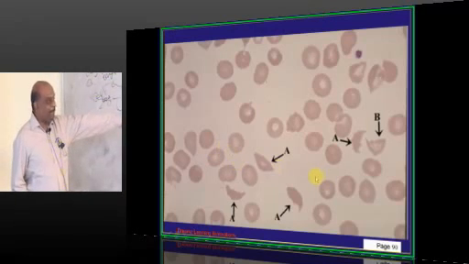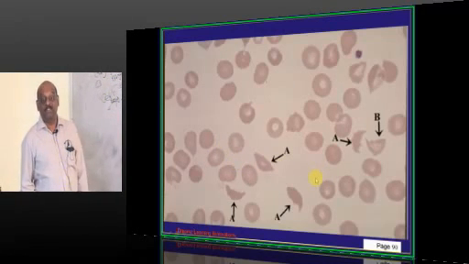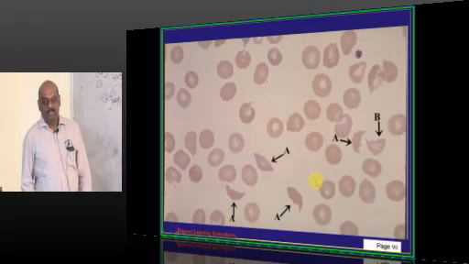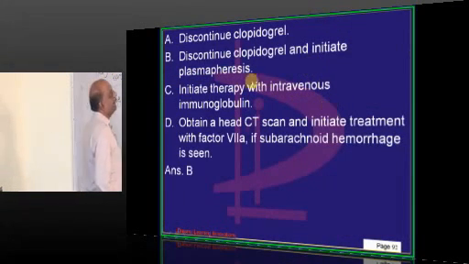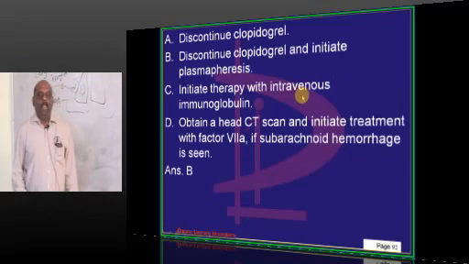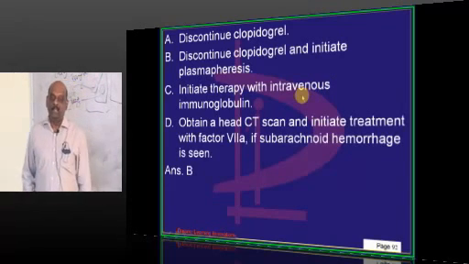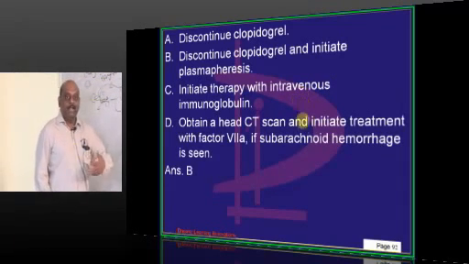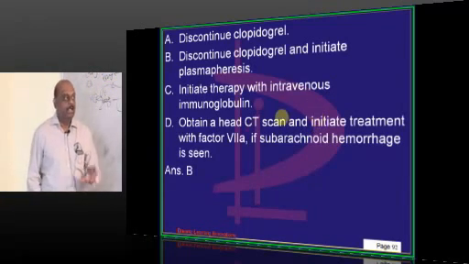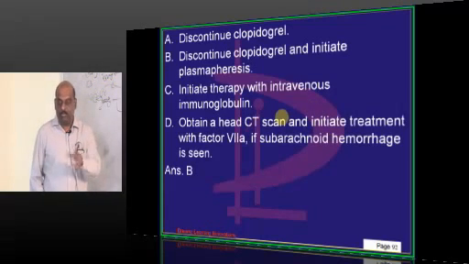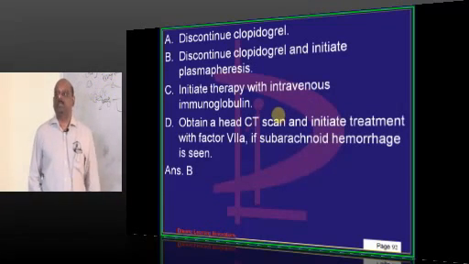What else did you find in the peripheral smear? This is enough for you to diagnose. Schistocytes, broken fragmented RBCs because of the microangiopathic hemolytic anemia is what you have to basically remember. So you need to discontinue clopidogrel and initiate plasmapheresis, and you need to clear all those clots, fibrin-rich clots, which are platelet rich clots, is what you have to get rid of from her plasma.